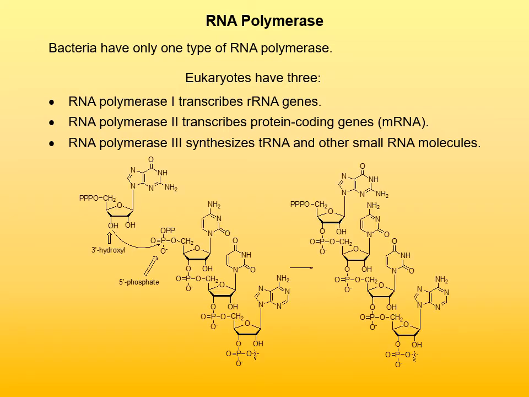The bond is formed by a nucleophilic attack of the incoming 3' hydroxyl of the nucleotide on the 5' phosphate of the polynucleotide. That means that RNA molecule grows in 5' to 3' direction. Within the 12 to 14 nucleotide transcription bubble, hybrid DNA-RNA double helix has only 8 to 9 base pairs.